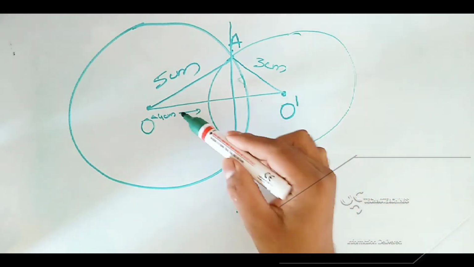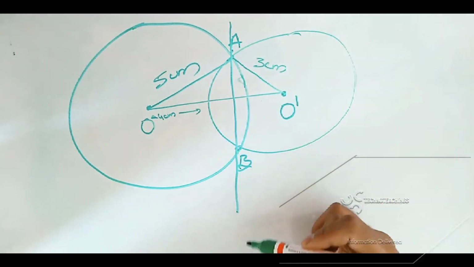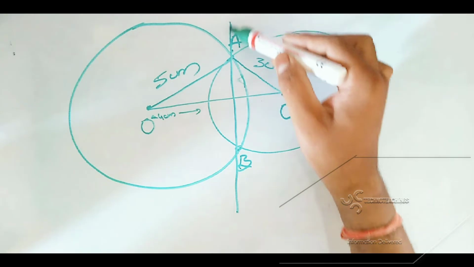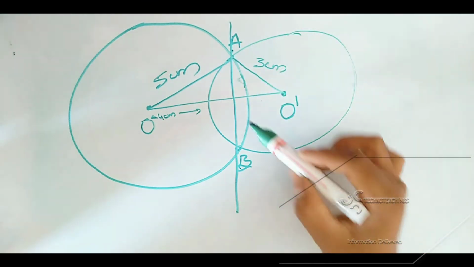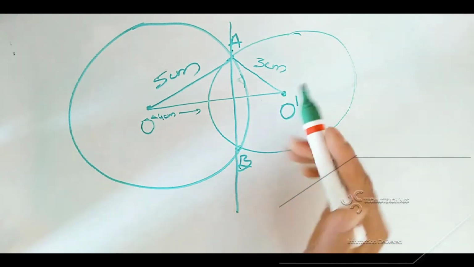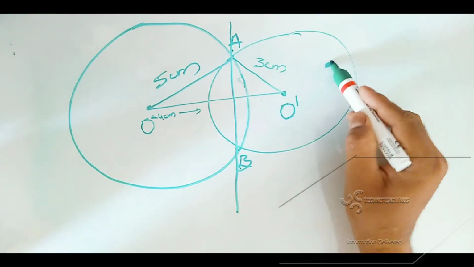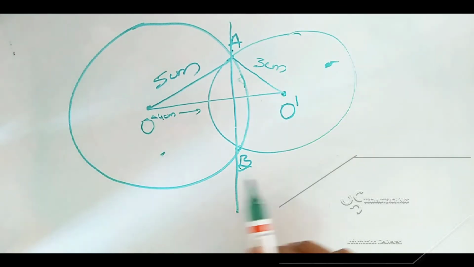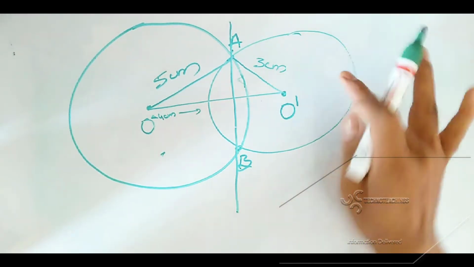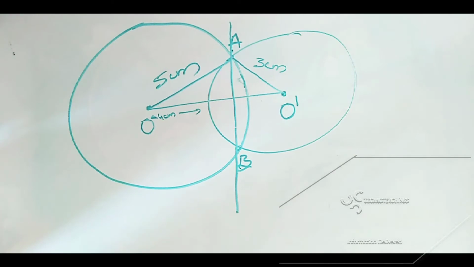The centers of the circles lie as per this diagram. The perpendicular bisector I am drawing is commonly called a chord. So this chord is common to this circle also, and this chord is common to this circle also. So in the problem itself, it is indicated that the circles have a common chord.